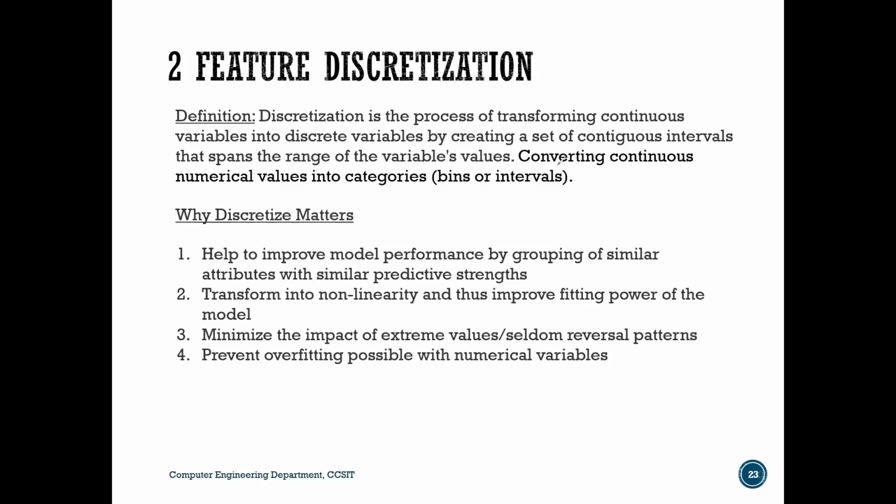Don't be confused, because I will explain these things later in detail. Converting continuous numeric values into categorical, meaning you are converting numeric values into categorical. And then I was telling you that you need numeric values, so again you have to do a conversion, but that conversion will be in a different format. So don't think there is a contradiction.